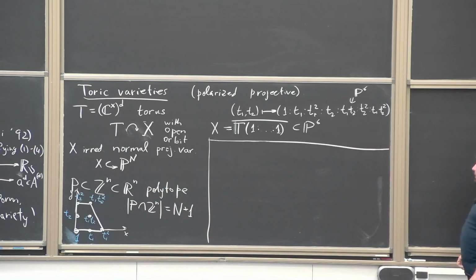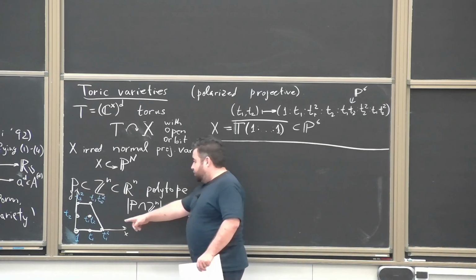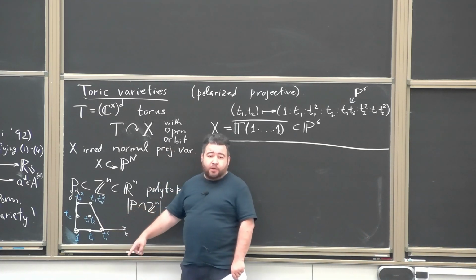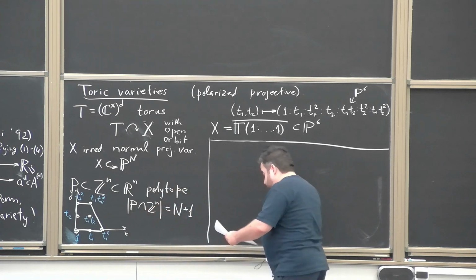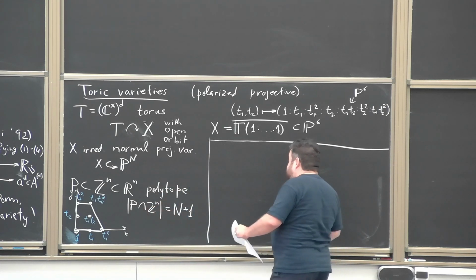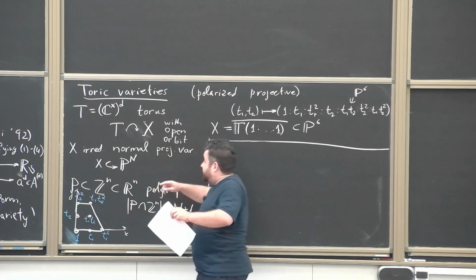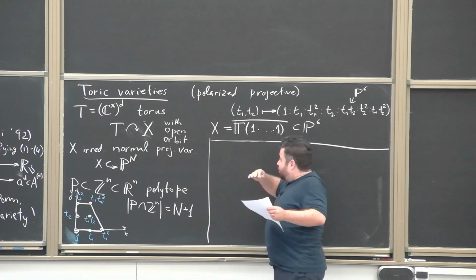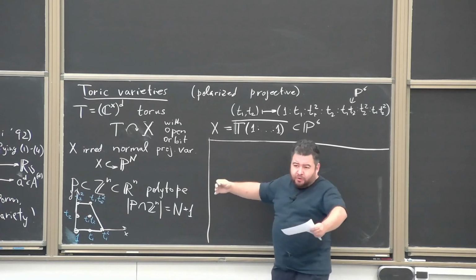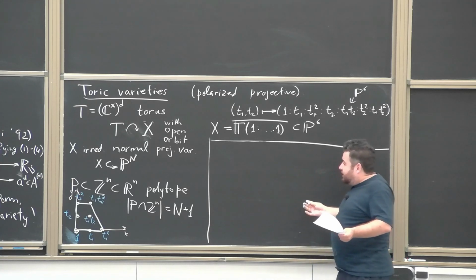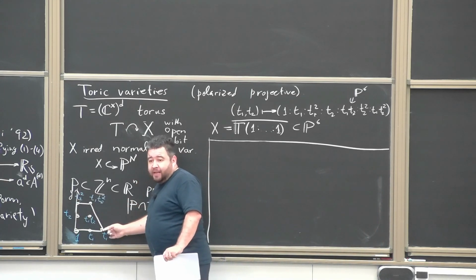And here's some dictionary. What I'm saying now is that this integer polytope knows everything about my variety. Namely, the T-orbits in this variety. I have an open orbit and I can degenerate to the boundary. So the orbits of the boundary are governed by faces of smaller dimension.